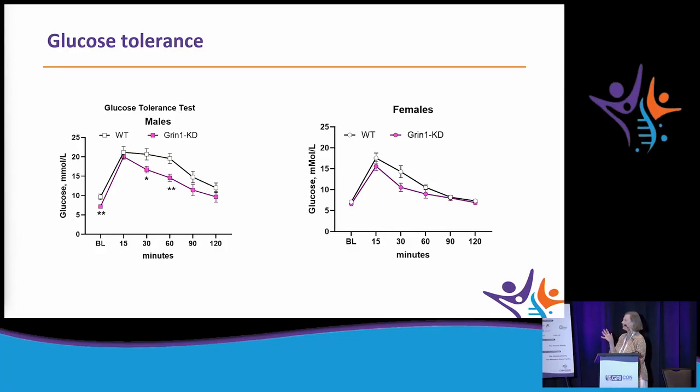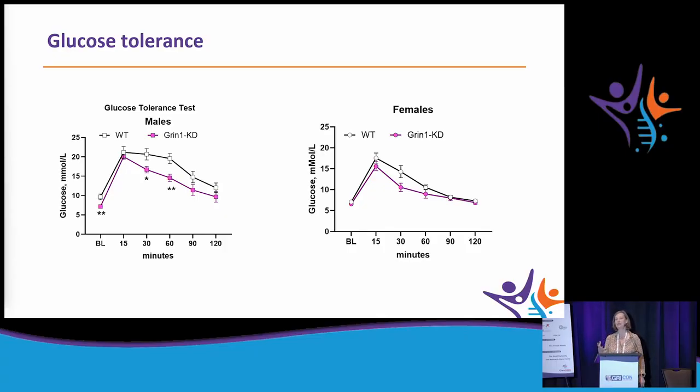So this male-female difference became really interesting to us. And so when we're looking at glucose, again, trying to understand what's going on with their metabolism, one of the things that probably you're familiar with if you've been tested for diabetes is that you're given glucose and then they measure how quickly your body clears it.